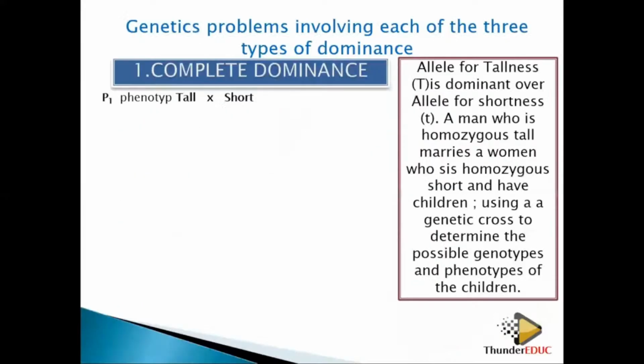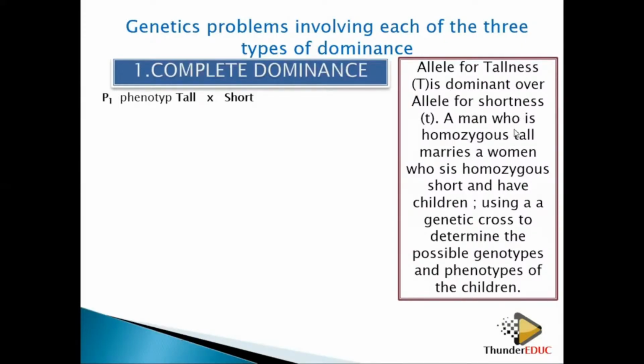Then let's look at one of the questions involving dominance. So they are saying that an allele for tallness is dominant over the allele for shortness. A man who is homozygous tall marries, and they said here tallness is dominant over shortness.